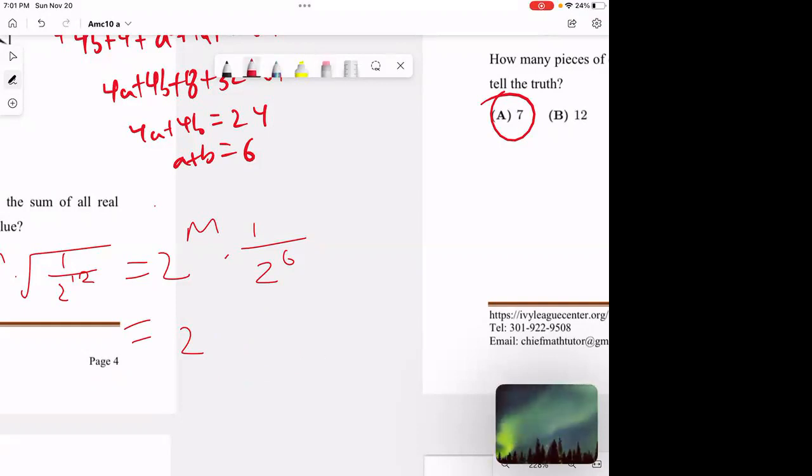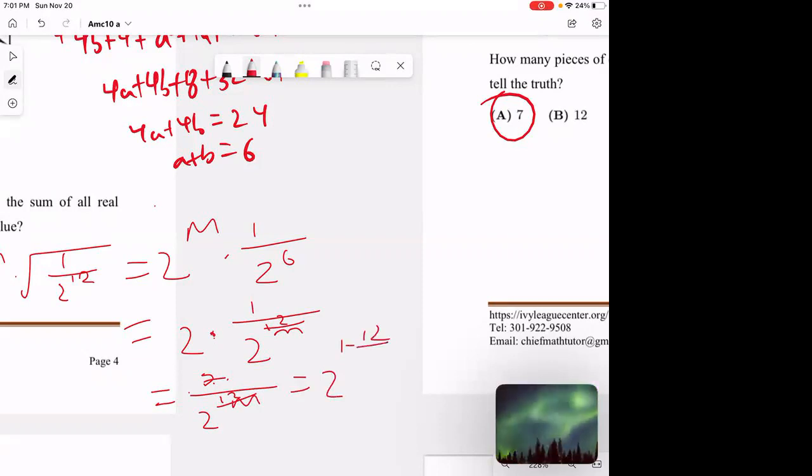So 2 to the power of 2 times 1 over 2 to the 12 and the m root of that, so over m, right, which is equal to 2 over 2 to the power of 12 over m equals 2 to the power of 1 minus 12 over m.